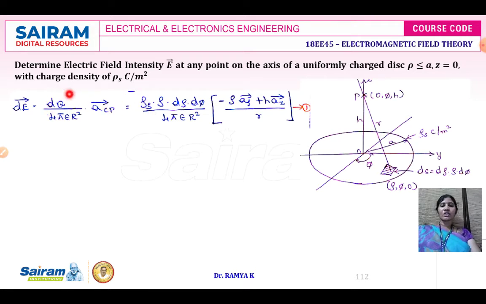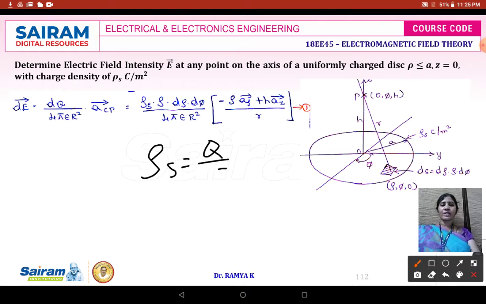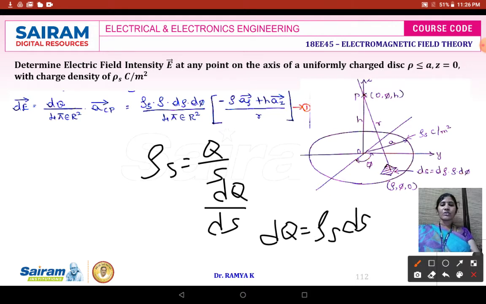Since the charge is differential, you can take the definition rho s is equal to q divided by S. If you assume a differential surface area, the charge distribution is differential. Therefore, dq can be written as rho s into dS, so you can substitute rho s dS over there. This differential surface area is all along your z axis, because you are considering a uniformly charged surface.